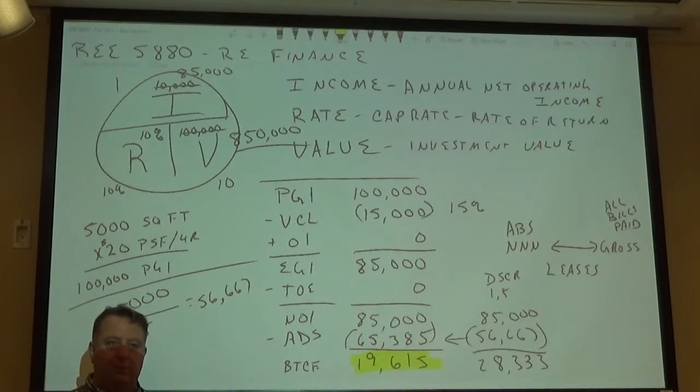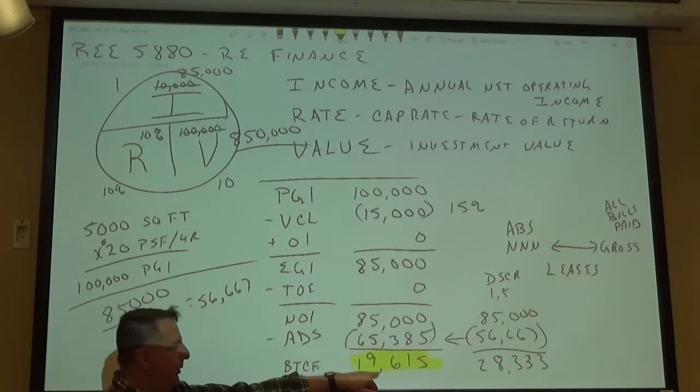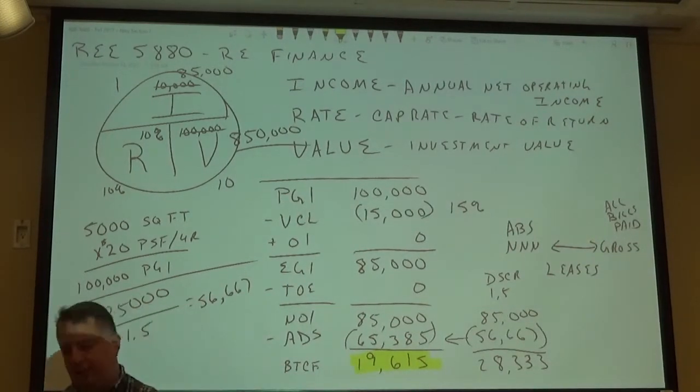Yes. Okay, so this number, 19,615, the before-tax cash flow, technically, is the amount of money we have in our back pocket on this deal after 1 year of operations, and that money can then do what? Be used to give a return to our equity.